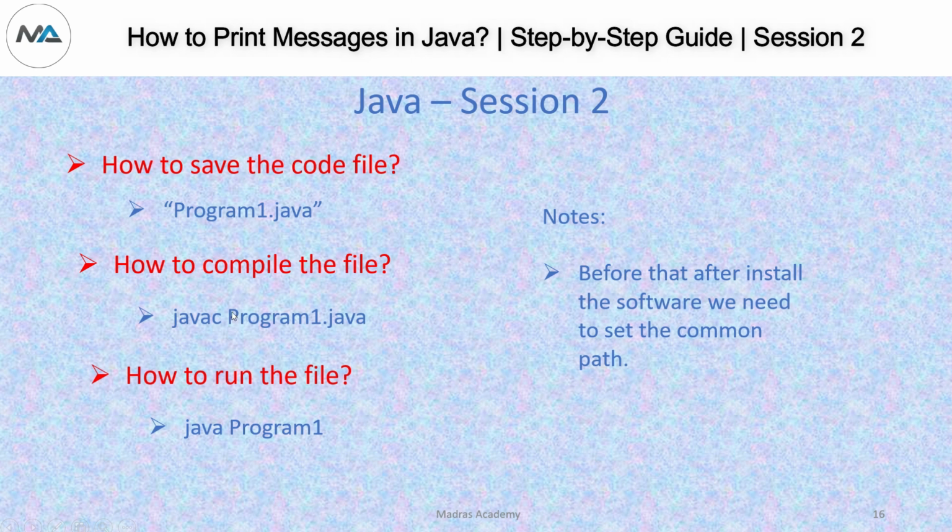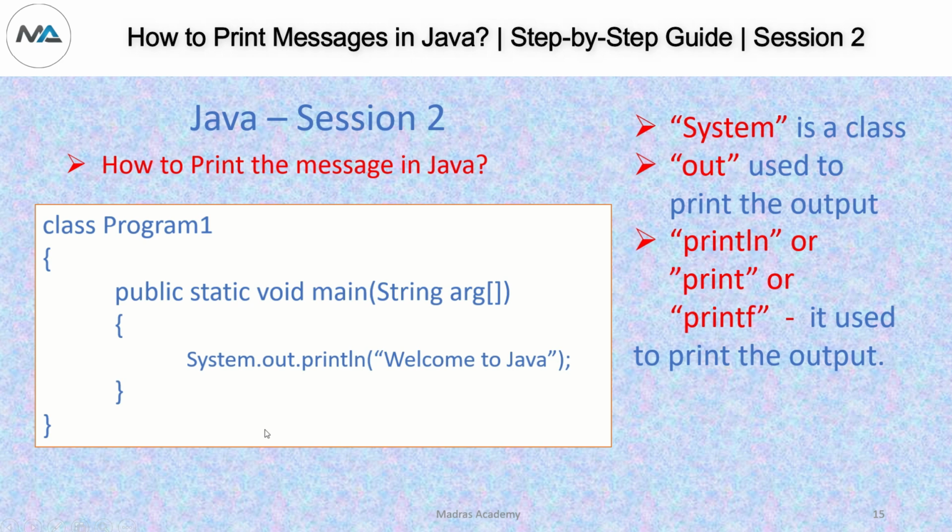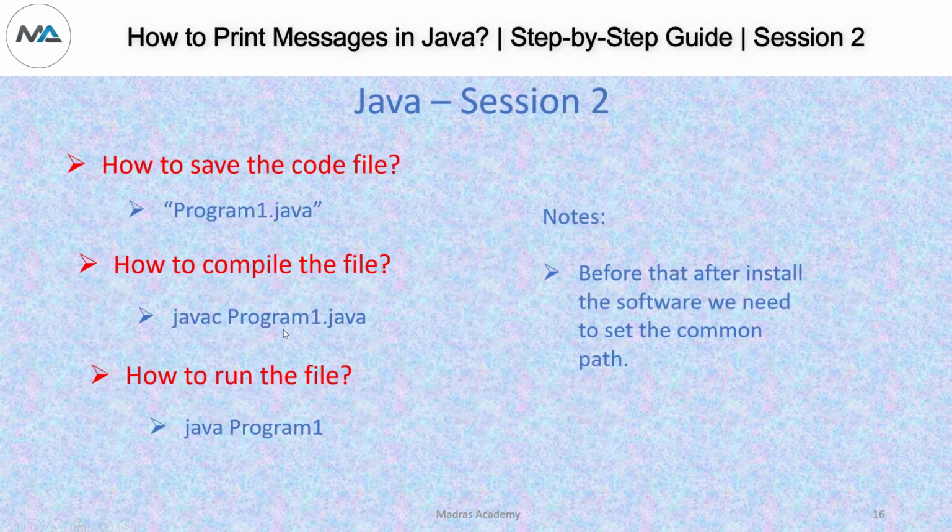And after compiling the file, if I don't have any error, we need to run the program. For that, java, that class name, using that class name we have to run it. And in this class you have to write the main function. If you have the main function in that class, using that class name you can run the file.